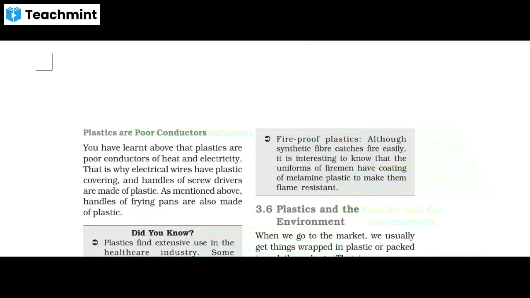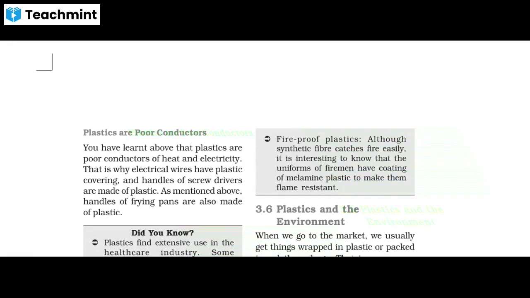Those are covered by plastic because plastics are poor conductors of electricity and also poor conductors of heat. You might have seen the handles of the cooker and some pans in your kitchen, right? And even the upper handle of the iron box.